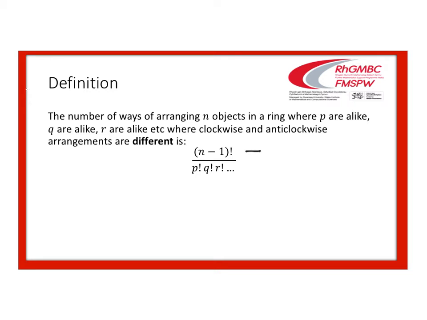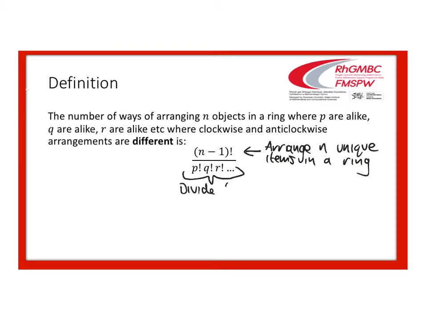So remember, this top is arranging n unique items in a ring, and then in the bottom we divide by the number of arrangements of the duplicate objects.